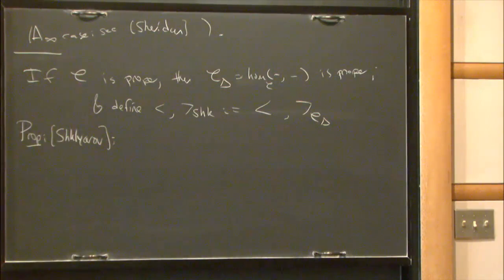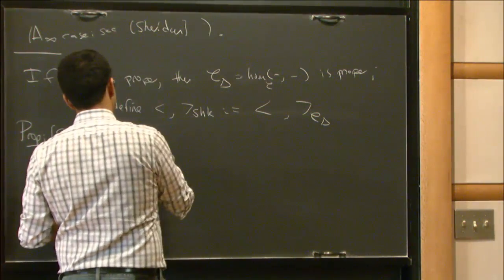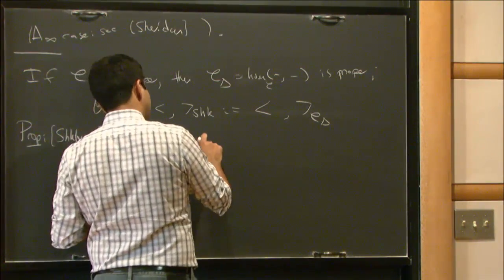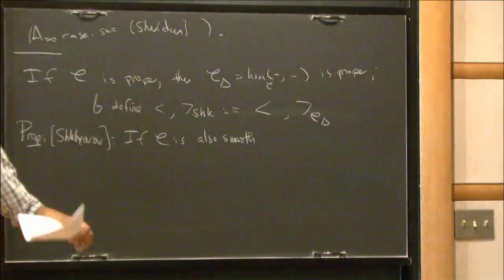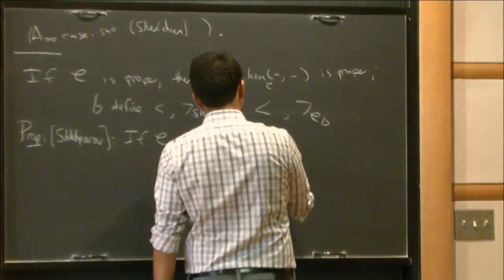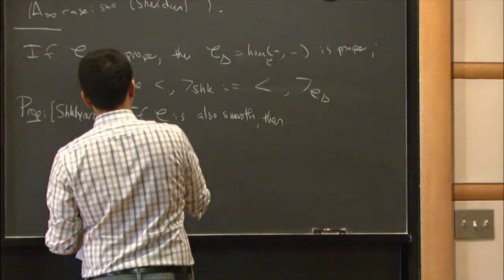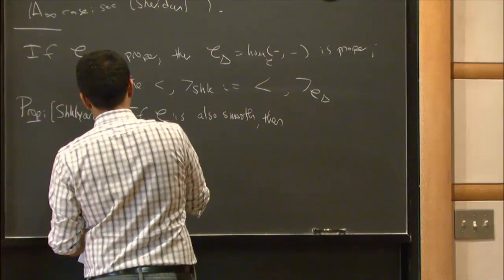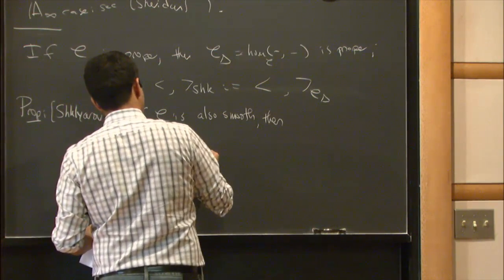I think the power of this structure comes from the following proposition, which tells you that if you knew that C was smooth, then you actually know quite a bit more about this pairing. There's a proposition due to Shklarov which says that if C is in fact also smooth, so C was already proper so that there's a pairing, then first of all, the Hochschild homology of C is finite dimensional.